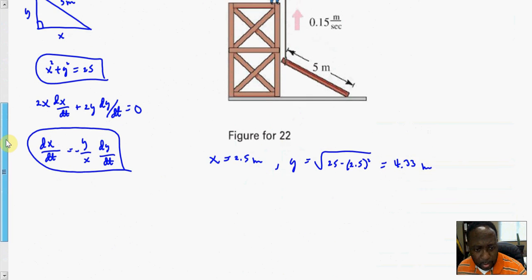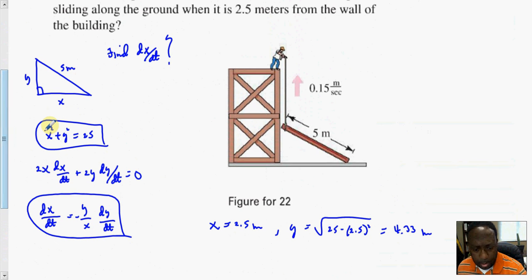So it looks like we have everything we need. Oh, by the way, dy over dt is 0.15 meters per second. That's the up and down motion.